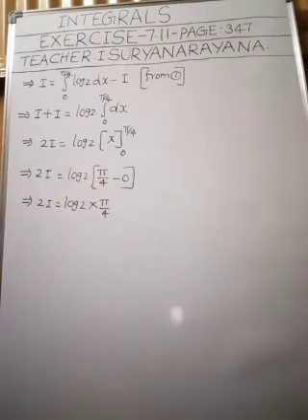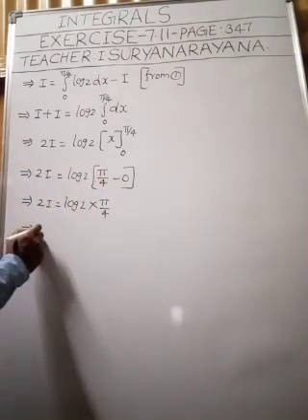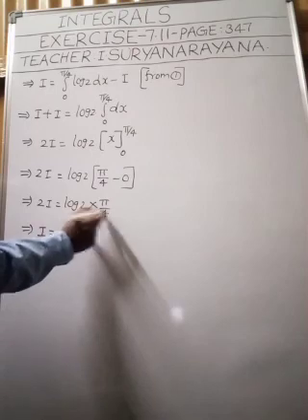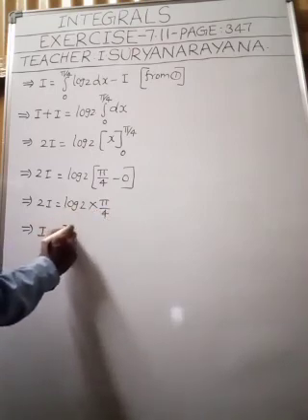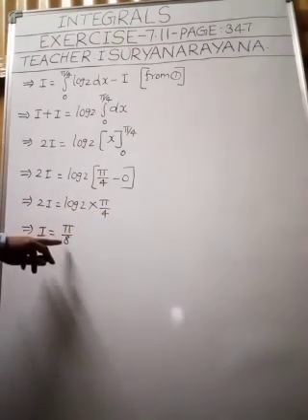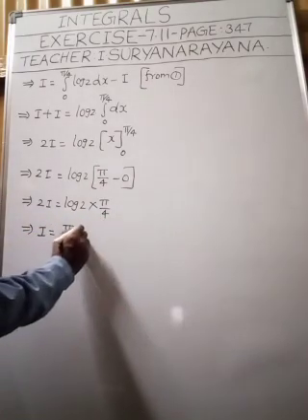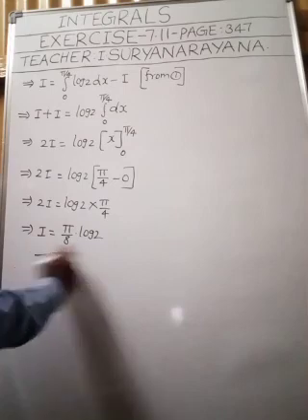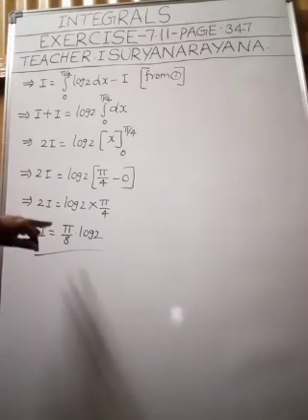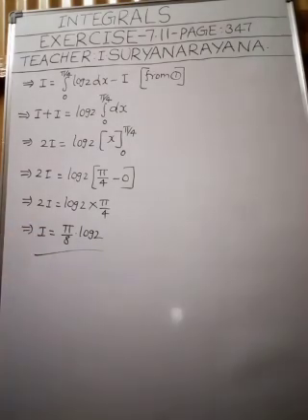Understood this step, my children? Right. This implies I is equal to, we write first here, pi by 8, because it becomes by 2, 1 by 2 into 4. We get pi by 8 into log 2. So this is the definite integral of the given function. Understood, my dear children? Right.